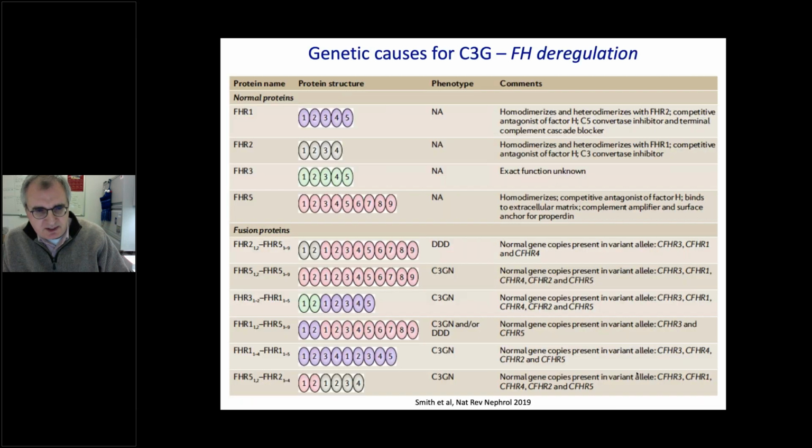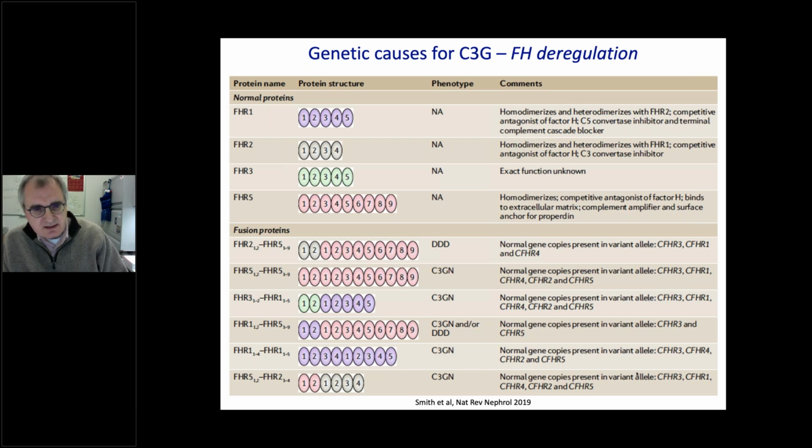The problem with this gene locus is that the sequences are highly repetitive, and with that prone to form intra-allelic or across the alleles recombination events that can lead to either copy number variations in form of deletions, duplications, or the formation of chimeras.